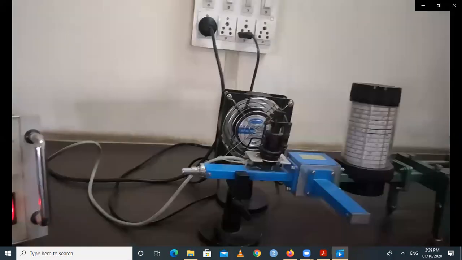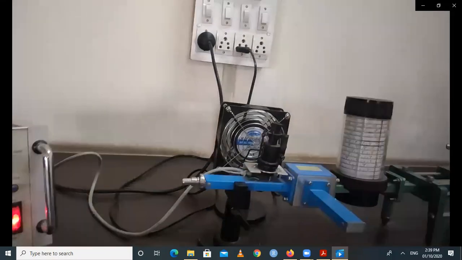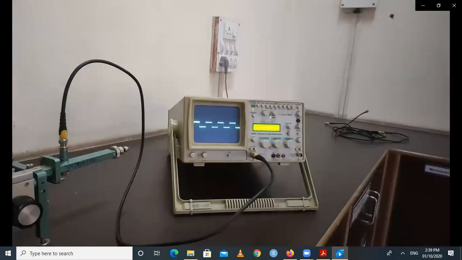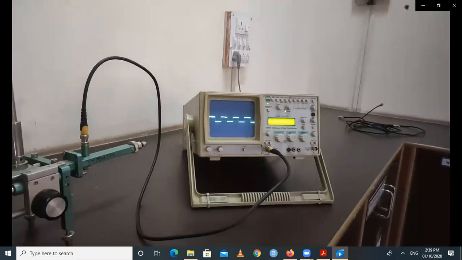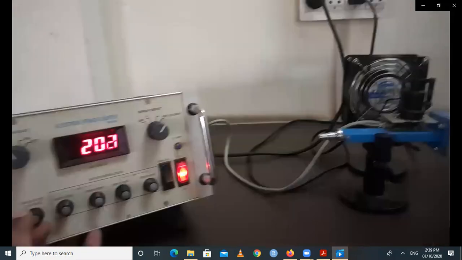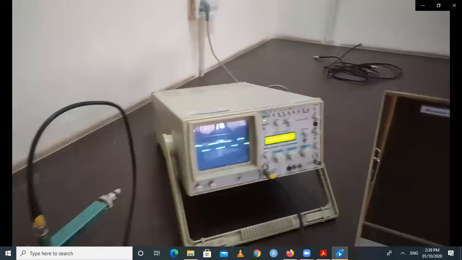So I will reduce this, and at this voltage 201 I am having a certain small waveform present over here. So I will take this reading. I take the repeller voltage as 201 volt, and I am checking this output on the CRO.